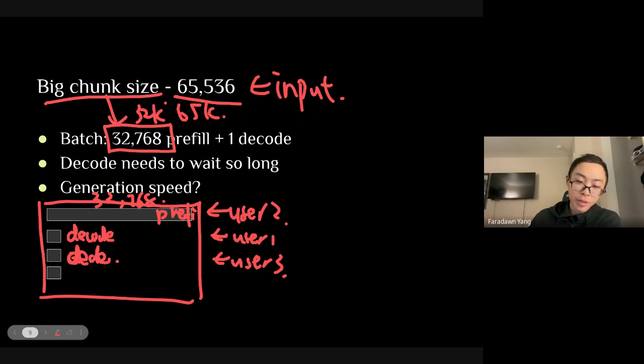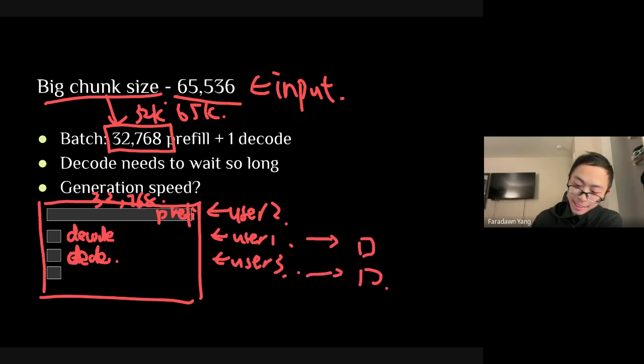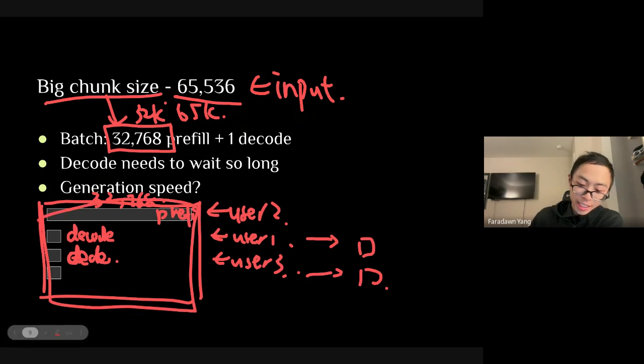How long will user 1 and user 3 wait until they can get the next token out? They need to wait for this entire batch to finish, right? For the GPU to unleash the lock and give back the tokens to the users.